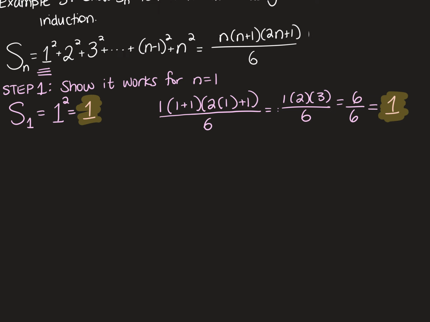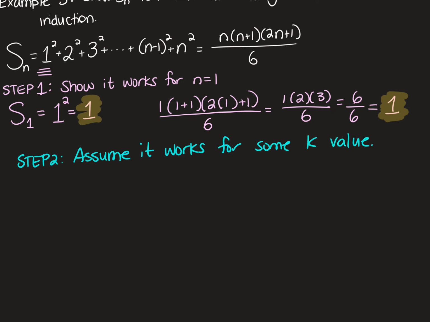Okay, step 2. Let's assume it works for some k value. So some random k value. Doesn't have to be random, it could be 1, okay? And we just showed it worked for 1, so our assumption is safe there. Okay, so assume it works for some k value.